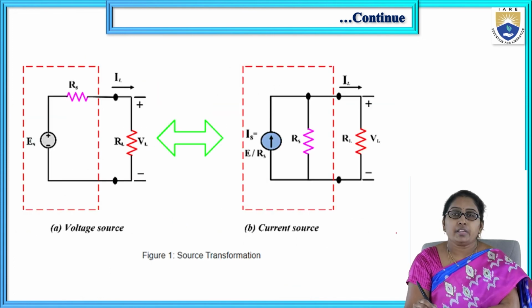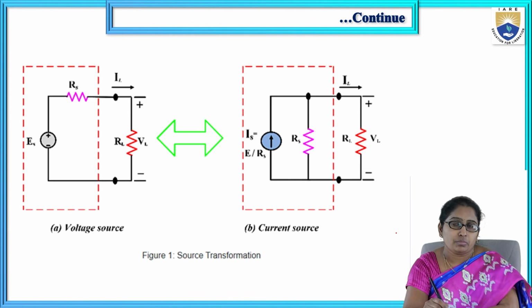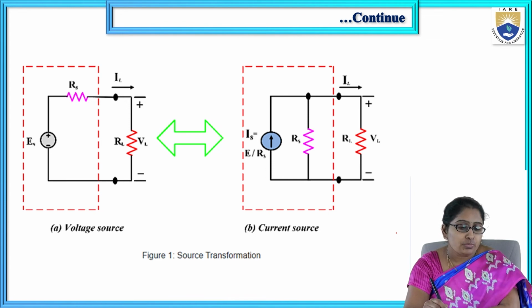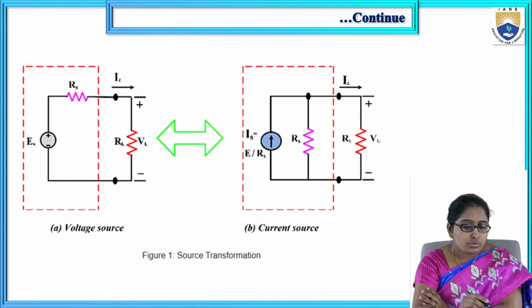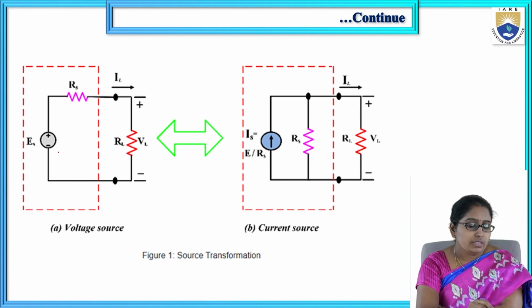Next, we have source transformation, meaning transforming a given voltage source to a current source and vice versa. Here a practical voltage source is given, with magnitude Es and internal resistance Rs, and a load resistance across its load terminals.